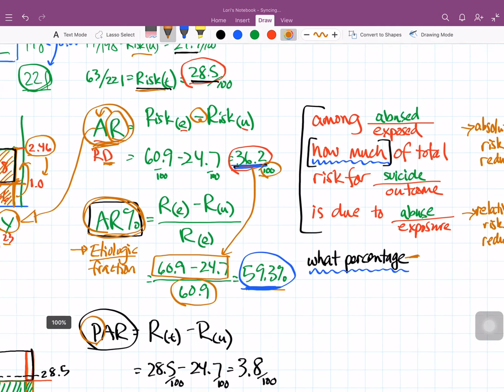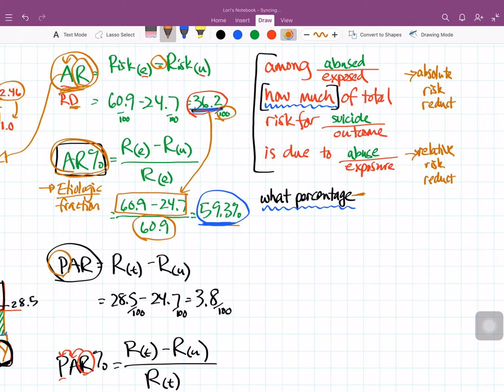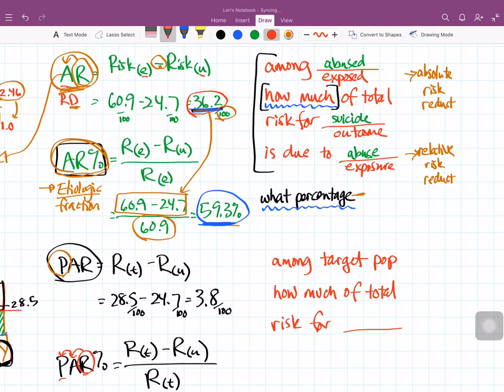So among our target population, again, how much of the total risk for the outcome is due to the exposure?